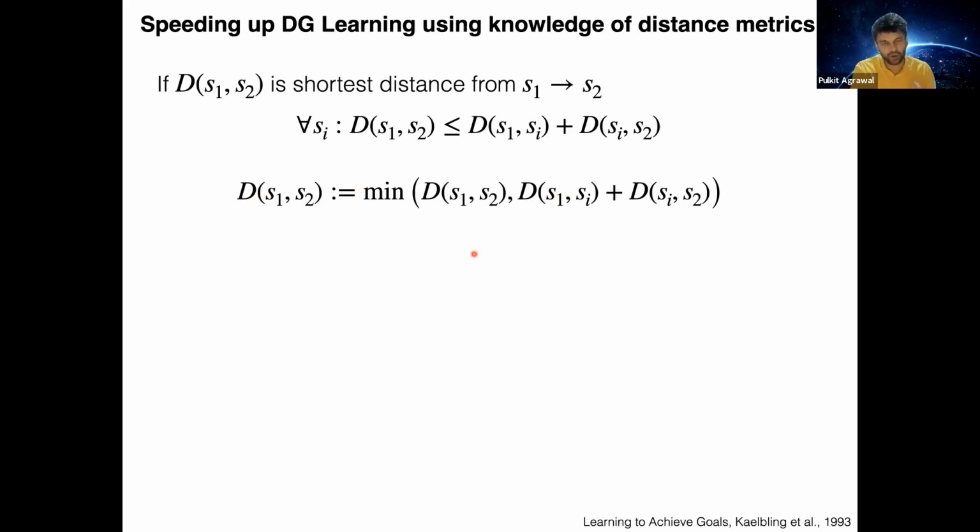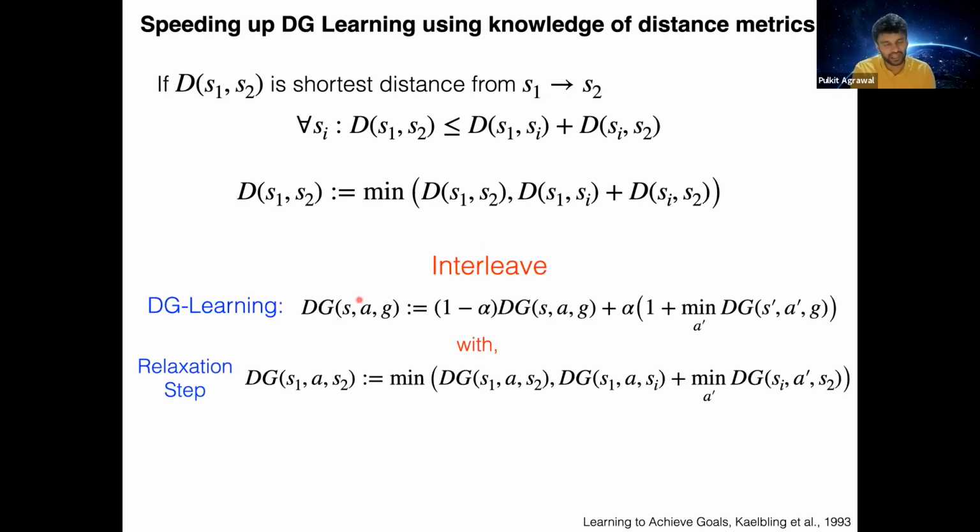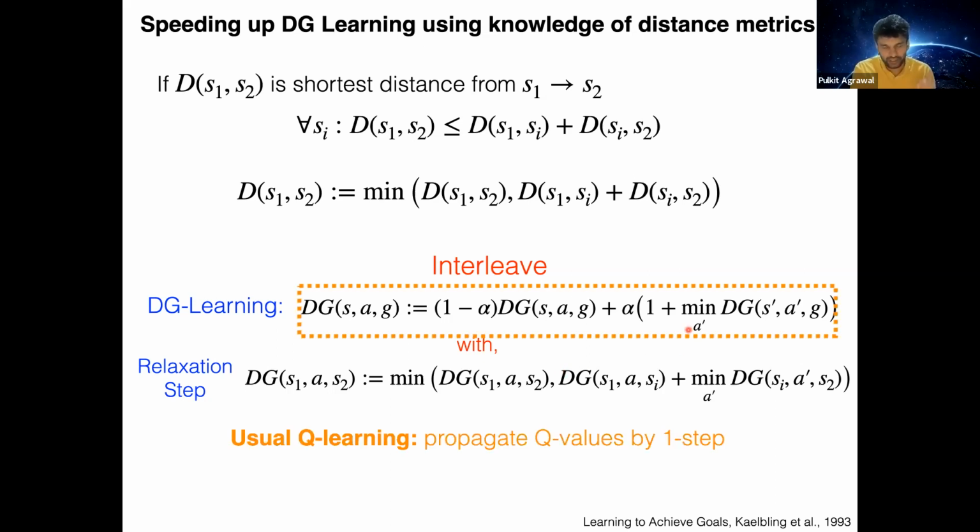The suggestion was that we can interleave DG learning with this relaxation step. So we do some iterations of DG learning, and then we do this relaxation step. Now, what's the advantage? In Q-learning or in DG learning, I'm always propagating Q values by one step. Given state ST plus 1, I propagate it to ST, then to ST minus 1, then to ST minus 2. So it is a very sequential process.